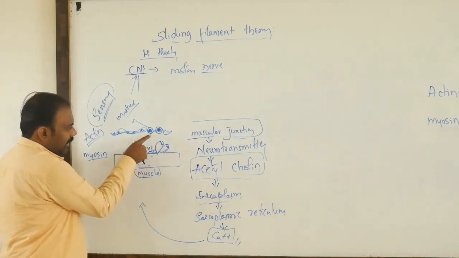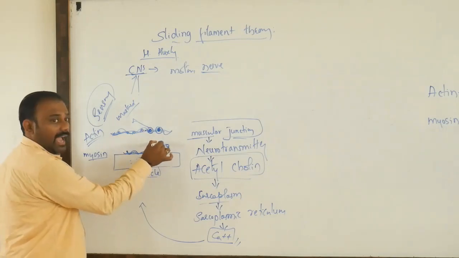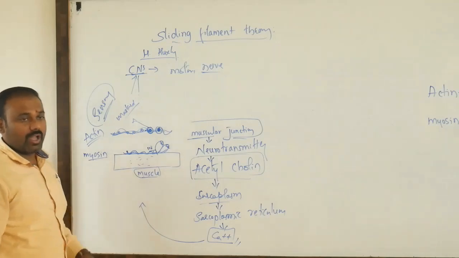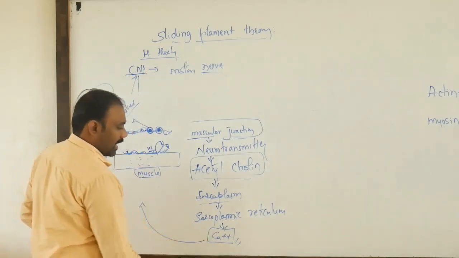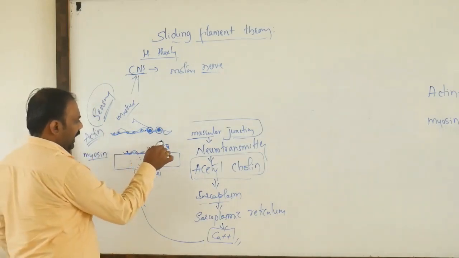Because the actin has to bind with the actin binding site, but it is masked, the calcium ions go and bind to this actin binding site.